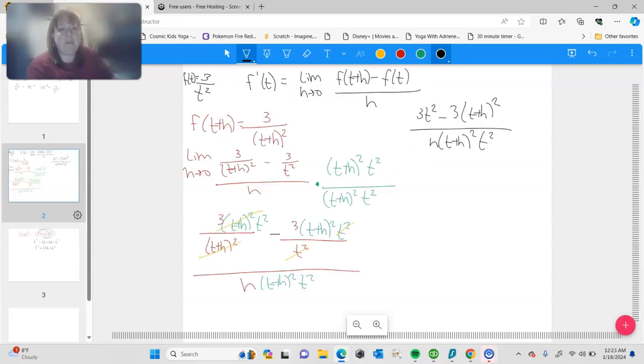So we're going to bring that back here and say, all right, 3t squared minus 3 times, now I just put in what I expanded here. So that would be t squared plus 2th plus h squared. And now I'm going to distribute in.